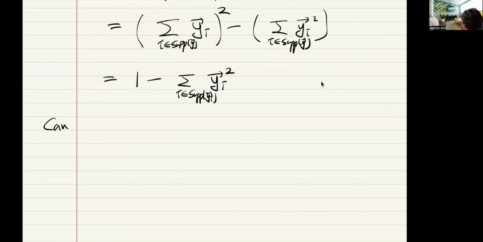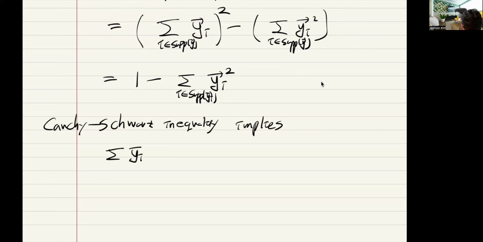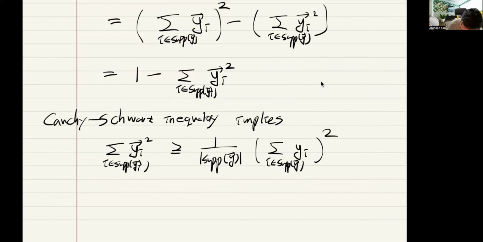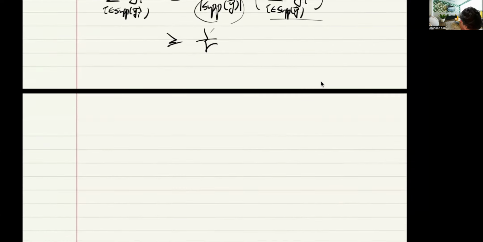But what do we know? We apply Cauchy-Schwarz. It implies that the summation of yi squared is at least 1 over the size of the support times the summation squared. And this size is at most r, and the sum is 1, so this is at least 1 over r.